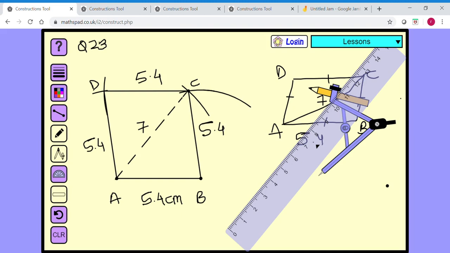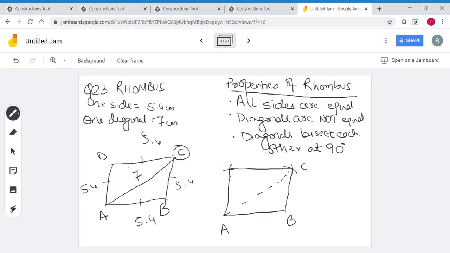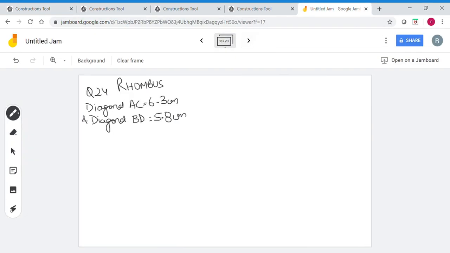The next construction that we do is question number 24. So let's go to question number 24. Question 24 says, again a rhombus, diagonal AC is 6.3 centimeter and diagonal BD is 5.8 centimeter. So this reminds me of the property that I know, that diagonals bisect at 90 degrees.